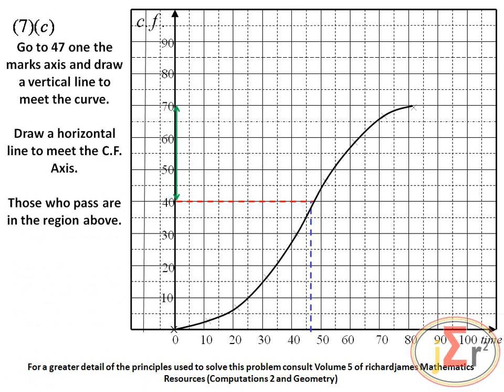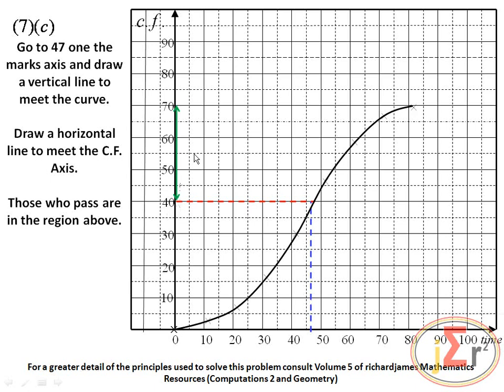One, when we get to 40, we just put the 40 down and use that 40, totally absent-minded of the fact that we are talking about those who passed, and those who passed need to be above the mark that we have here.